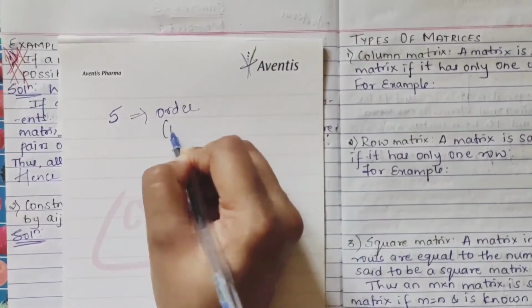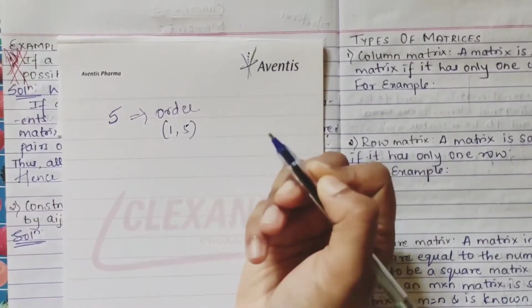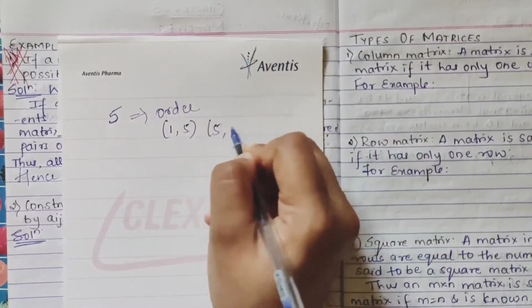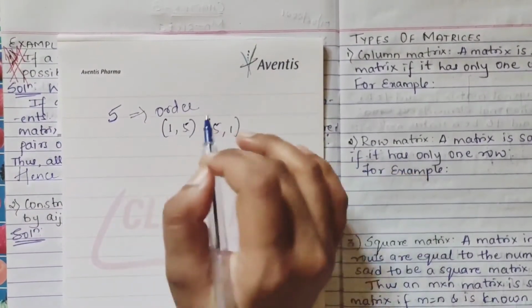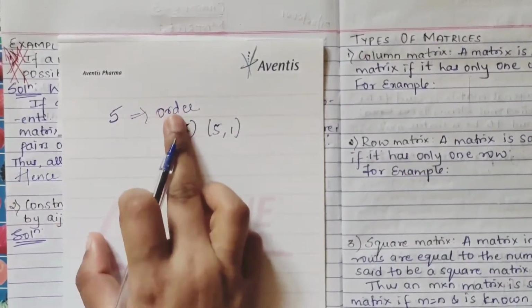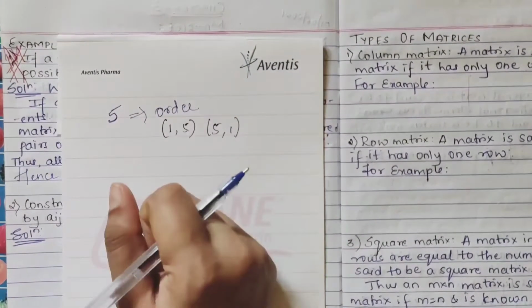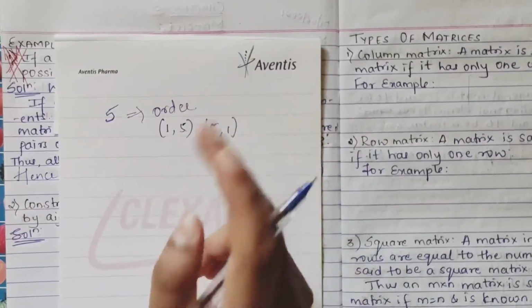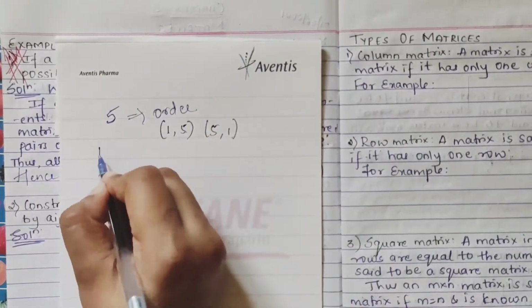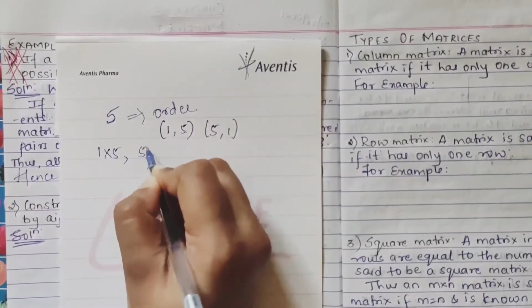That is, 1 into 5 is 5, and 5 into 1. Such simple questions give you the elements and ask for the order, so you check in which table that number lies. When you multiply, you must get the same number. So it will be 1 cross 5 and 5 cross 1.